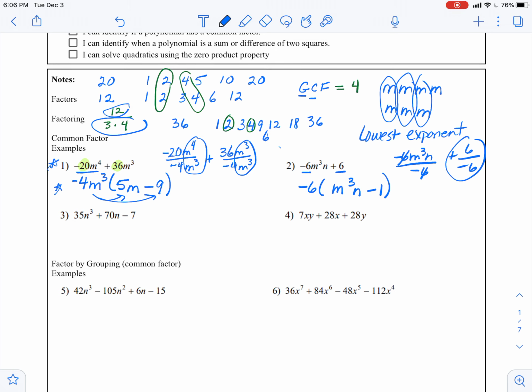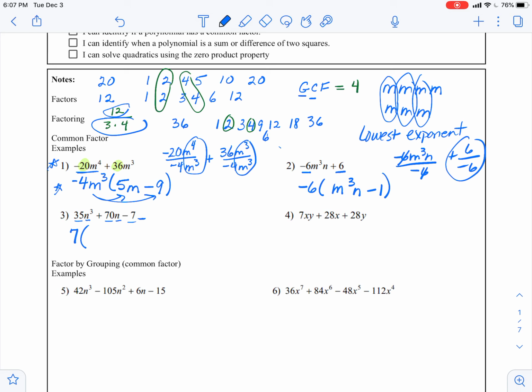Okay, so on this one I have 35, 70, and 7. So what number will go into all of those? And hopefully you can see the 7. Again, I have an n cubed and an n, but the 7 here does not have a variable, so I cannot take any variables out.